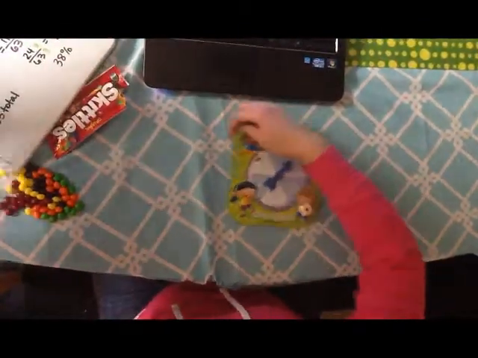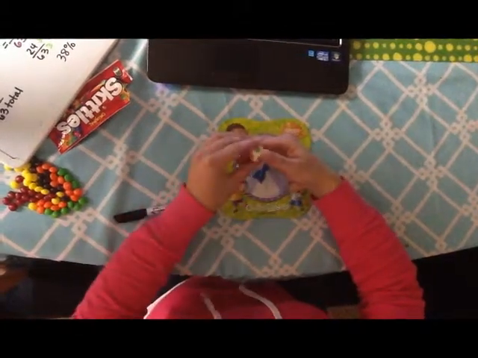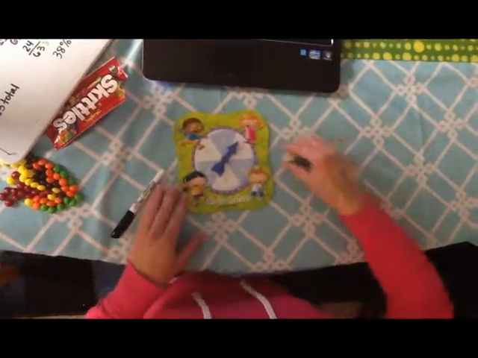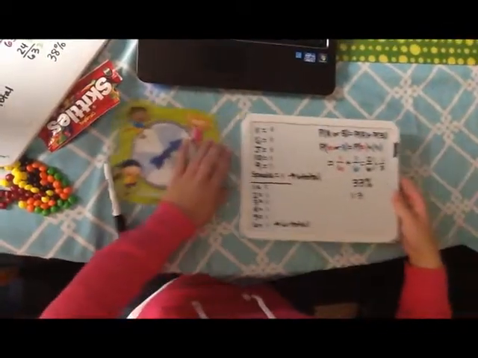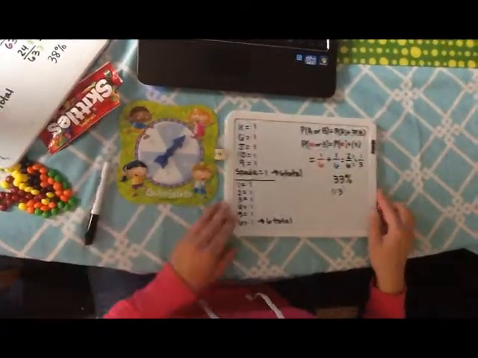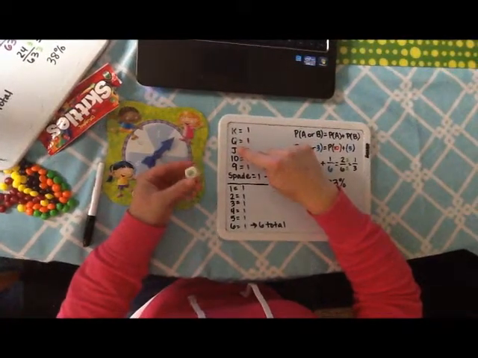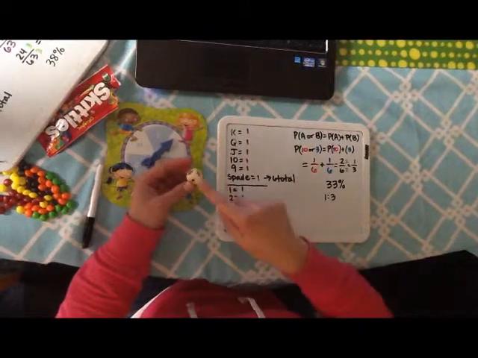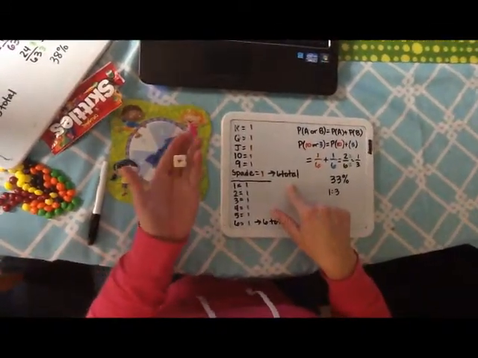And for my next example, we have a spinner and this poker dice. Since there's only one king, one queen, one jack, one 10, one 9, and one spade on this die, it's 6 total sides.